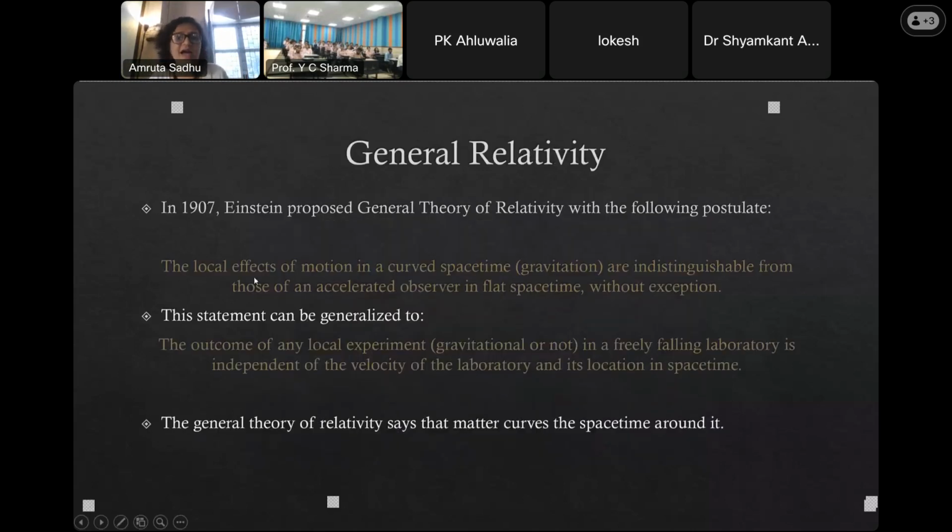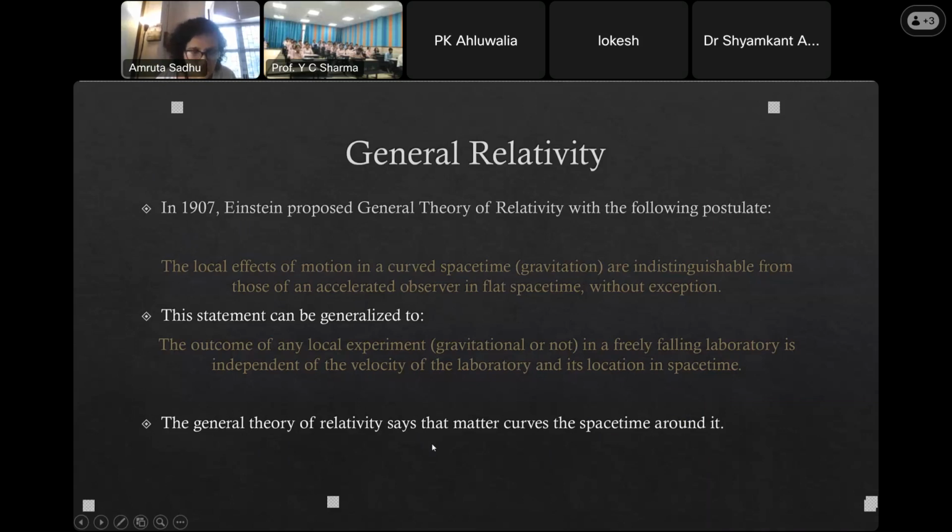Einstein gave this principle of equivalence in 1907. He says that the local effects of motion in a curved spacetime are indistinguishable from those in an accelerated observer in a flat spacetime.